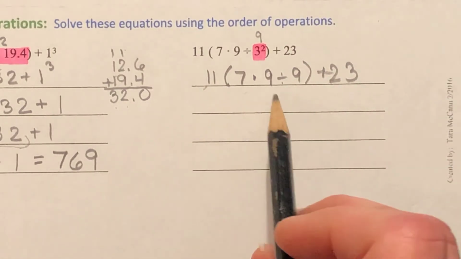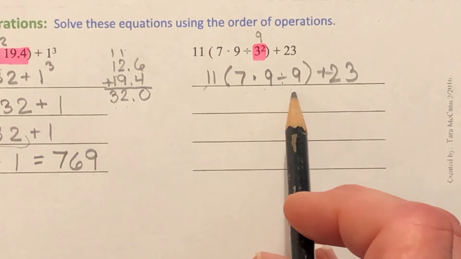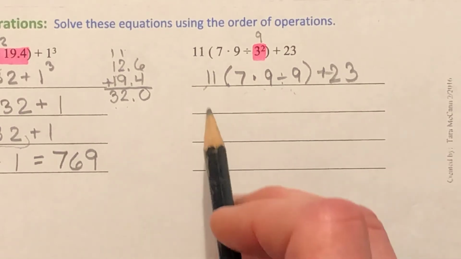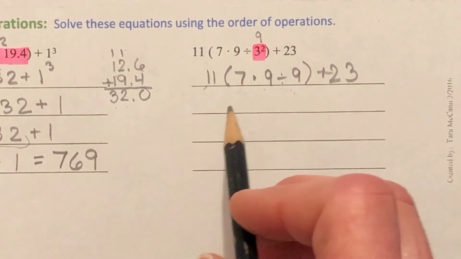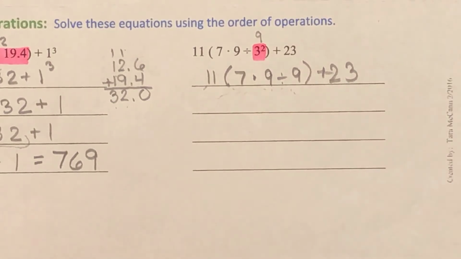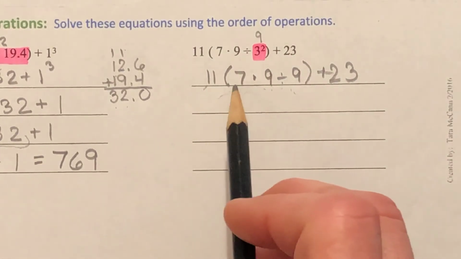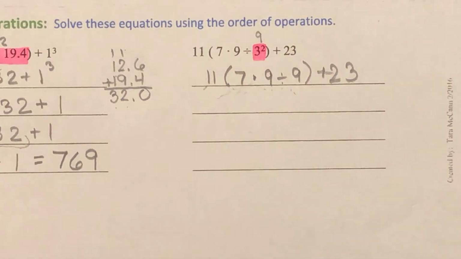I know you're tempted to do 9 divided by 9 first because you can see that's 1. But remember, multiplication and division are equal. So you just go left to right. You have to do 7 times 9 first. Just remember that. So the next thing that you do is 7 times 9, and you'll keep the parentheses because you still have a division in it.